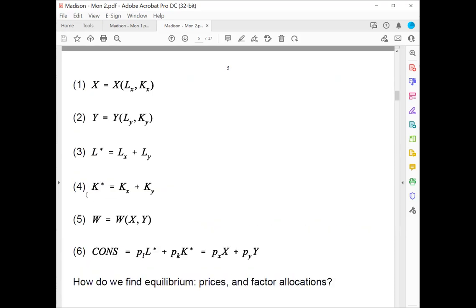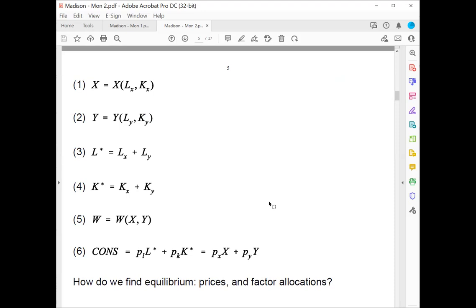So these are the equations of the model. There's a production function for X, Y, fixed supplies, L star and K star of capital and labor, and then a utility or welfare function defined over X and Y, and a consumer budget constraint. So C and S is, sorry, inconsistent notation.